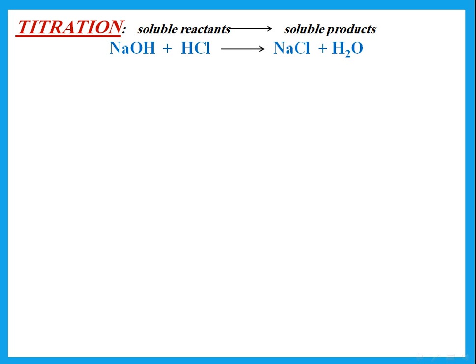So I need sodium something, so I need sodium hydroxide, and I need something chloride, so hydrochloric acid. Now, are these soluble or not? We said sodium anything is soluble, so sodium hydroxide is soluble. All acids are soluble, so HCl is soluble. So all of these are soluble, and the method we're going to use is titration.